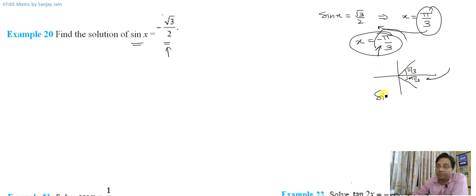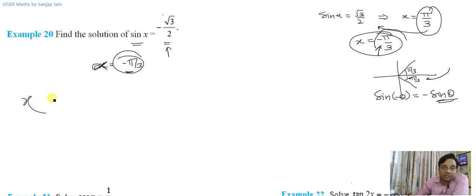Because I can use this thing that sine of minus theta is equal to minus sine theta. So I can say that x equal to minus pi by 3. Let alpha be equal to minus pi by 3. So to write general solution, x will be equal to n pi plus minus 1 raised to power n alpha, that is minus pi by 3 that I am taking.